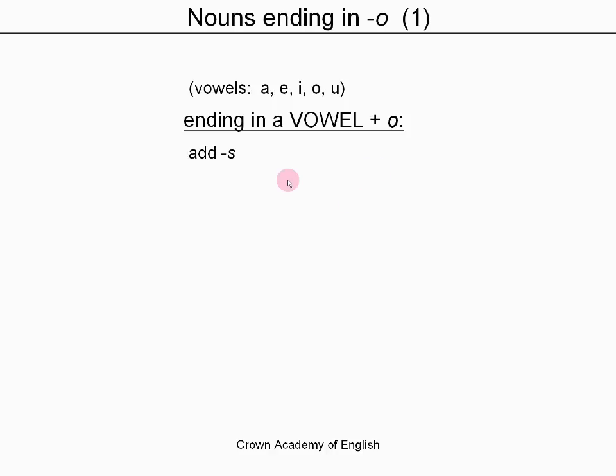And this is easy. We just add a letter S to the end. So we treat them like a regular noun. So just a couple of examples here. There aren't many examples of this.